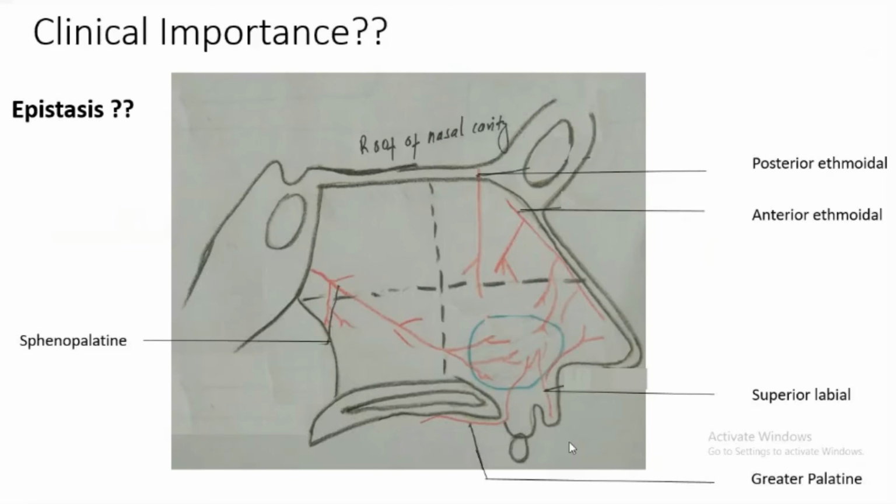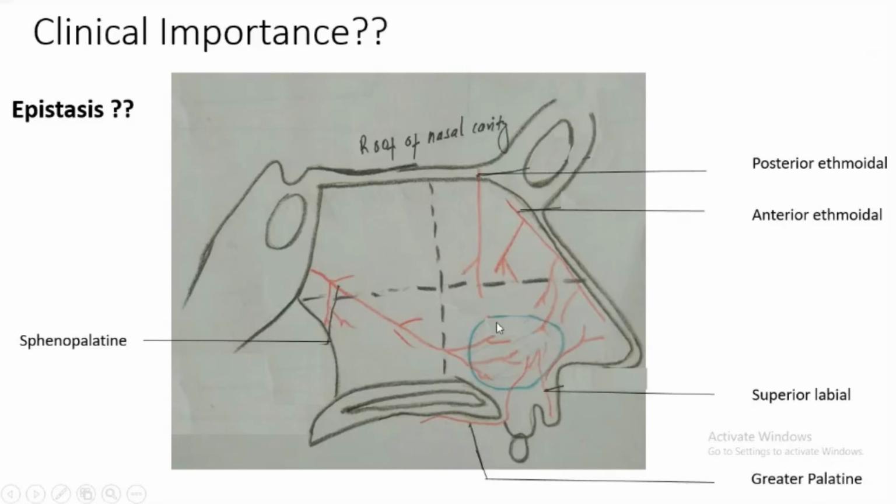Here, what is epistaxis? For this, let's take the help of the diagrammatic view of the arterial supply. Here we can see the arterial supply; the portion demarcated by this blue line is Little's area, which is supplied by the anterior ethmoidal artery, superior labial artery, and sphenopalatine artery. It consists of three arterial supplies, and it lacks the posterior ethmoidal artery.